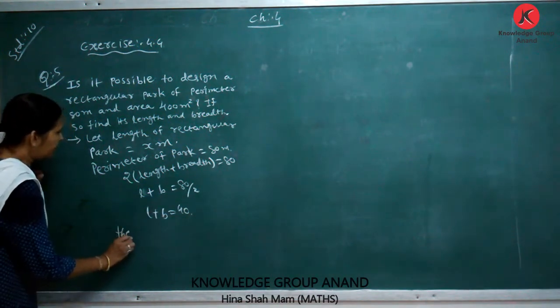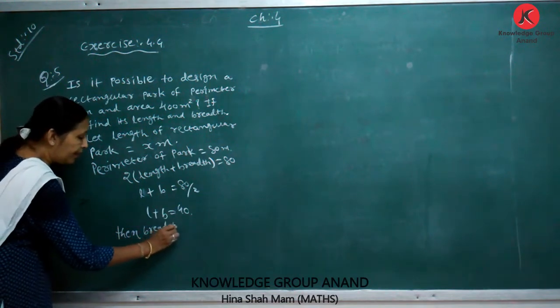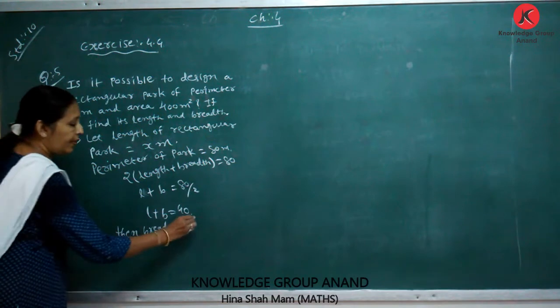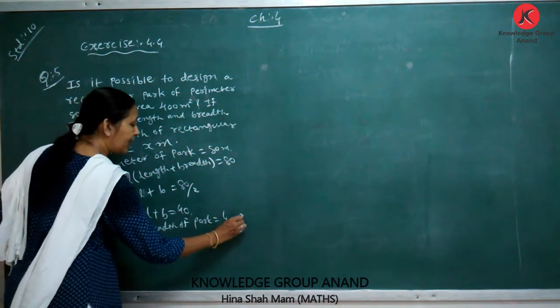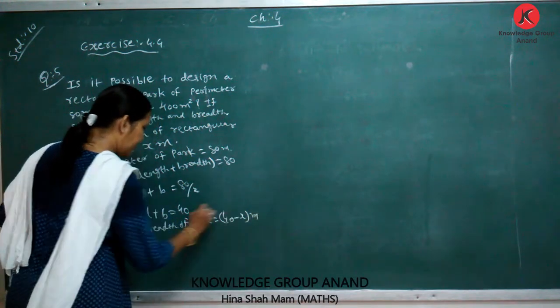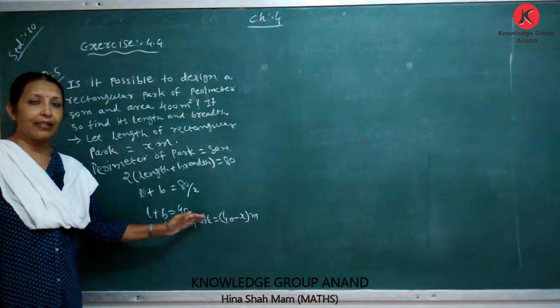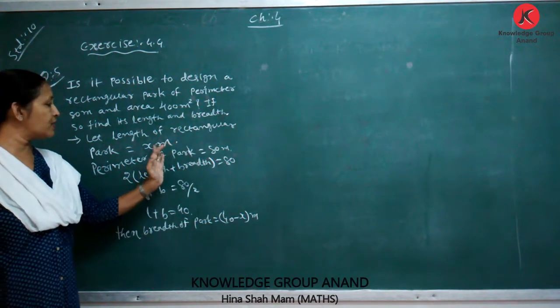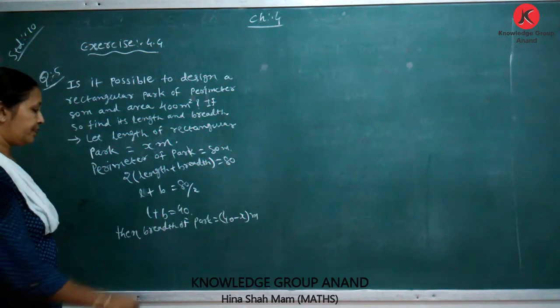Then breadth of path is equal to 40 minus x meter. Because here B is equal to 40 minus L. What is the value of L? L is equal to x. 40 minus x meter.